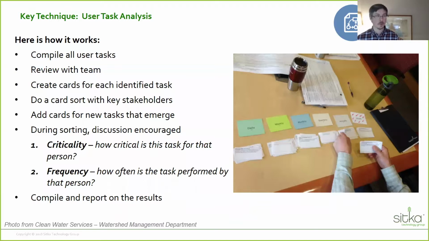And you would review all the tasks with them to make sure they understand. I'll show more details of what the tasks look like here. You create cards for each identified task. And then you do a card sort with key stakeholders. A card sort's a technique where you ask people to make decisions about how important something is, how important a task is on a scale.